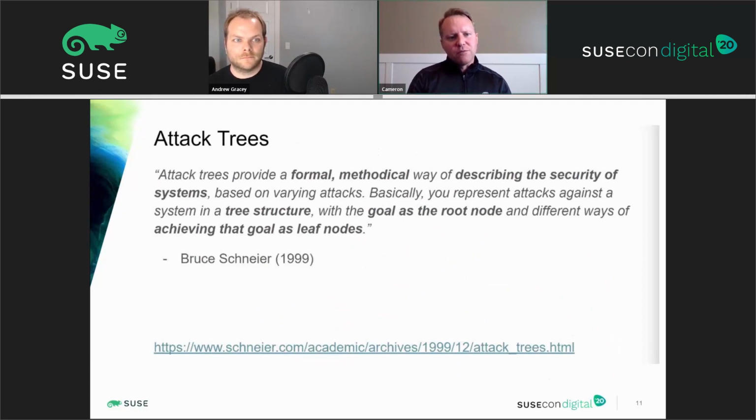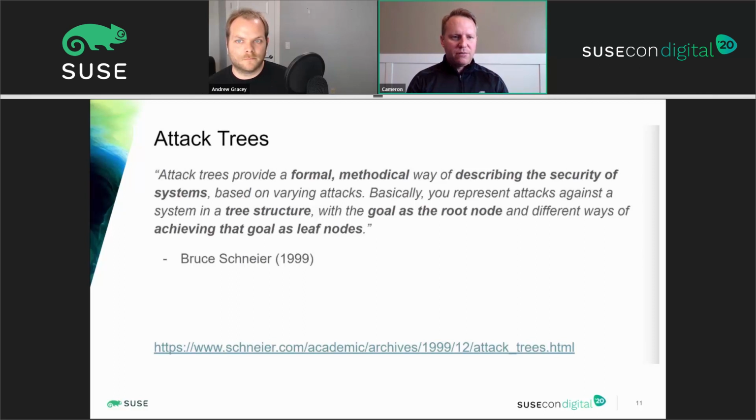So attack trees provide a formal, methodical way of describing the security of systems based on varying attacks. Basically, you represent attacks against a system in a tree structure, with the goal as the root node and different ways of achieving that goal as leaf nodes.